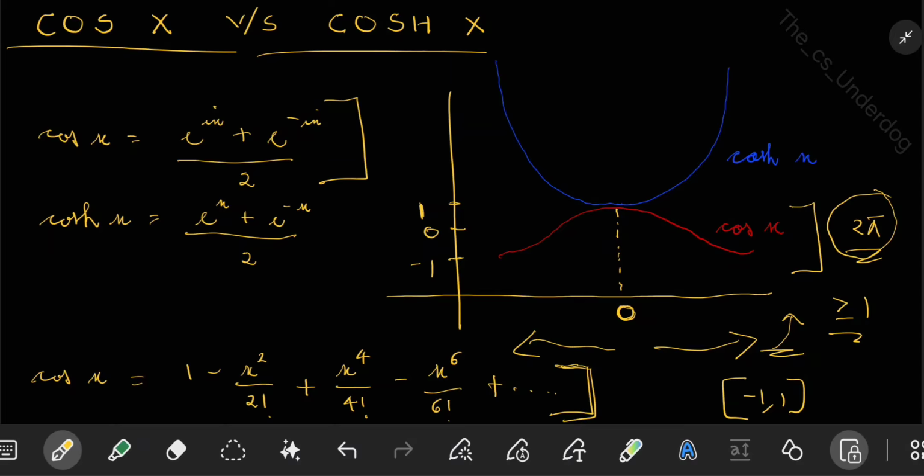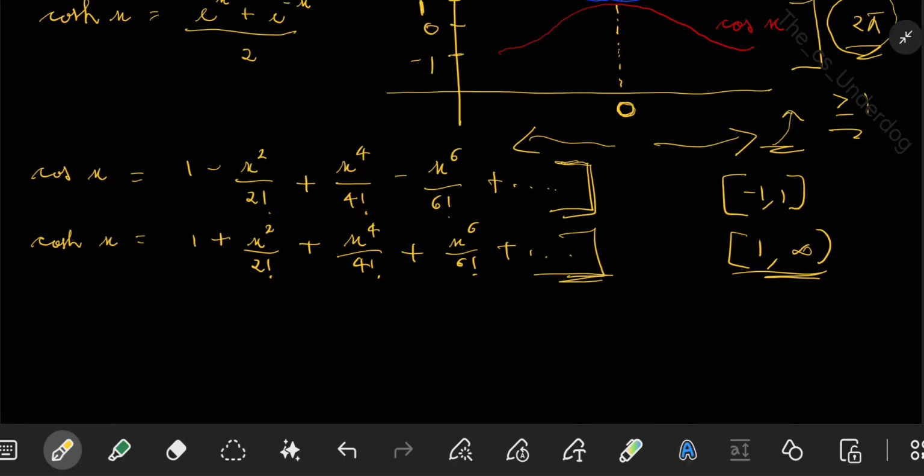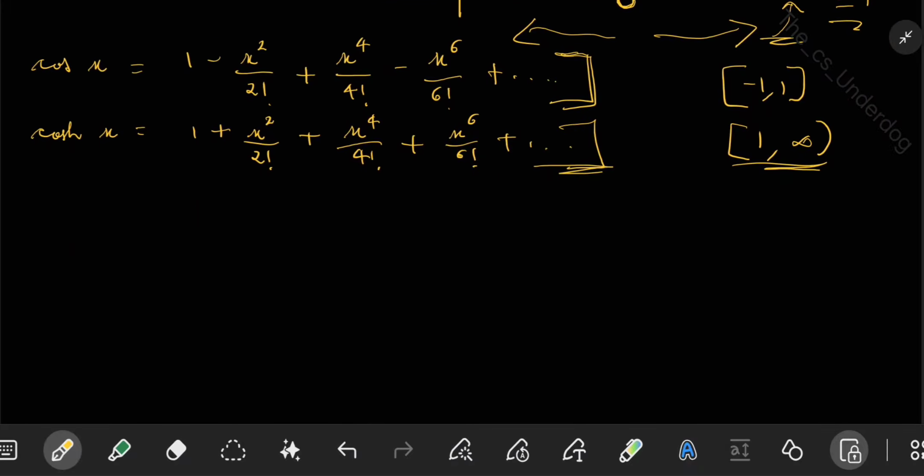Next question is, what is the geometric interpretation of cosine? Most probably you would already be knowing, but I'm still telling you that in case of the cosine function, the geometric interpretation is that it relates to a point on the unit circle x square plus y square is equal to 1. Probably you would be already aware of this. But what is the parallel geometric explanation for cos h?